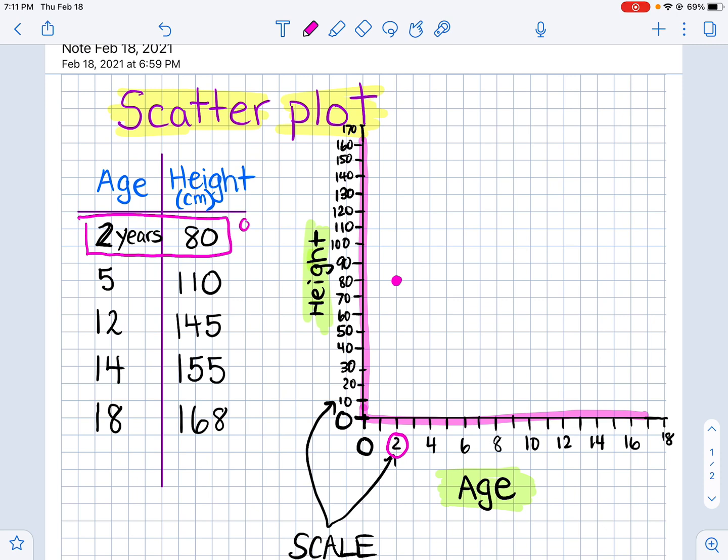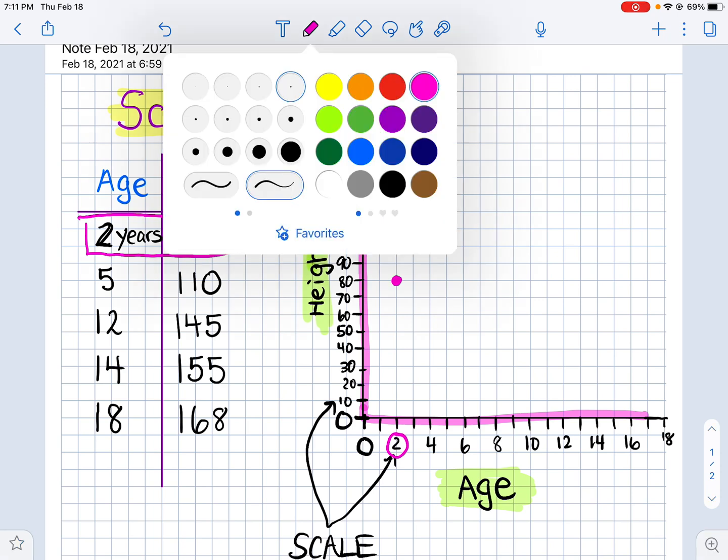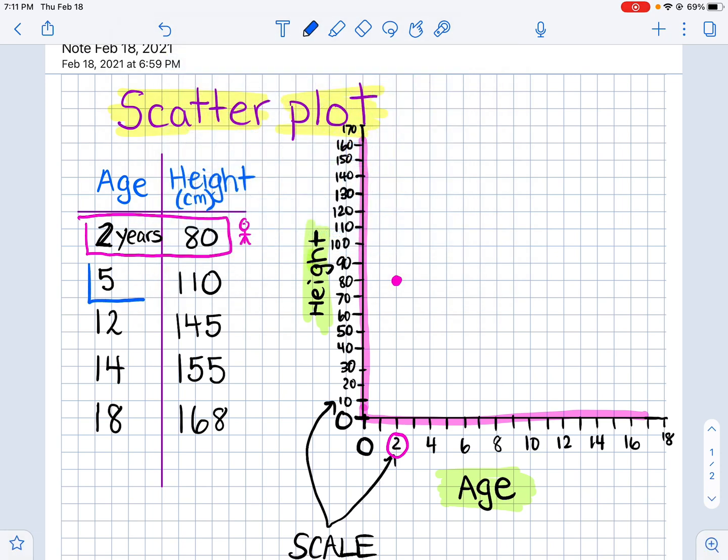So that's this person. Next, I'm going to do another color. 5 years old and 110 centimeters. So this is where the 5-year-old is, 5, and 110 is all the way up here. So we put our dot right here.